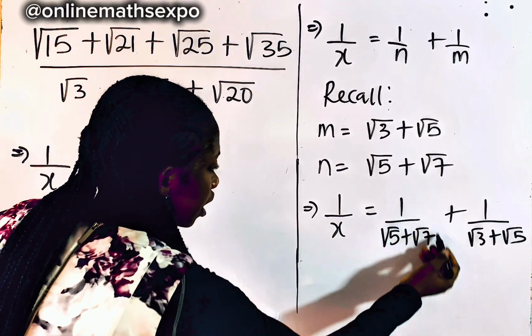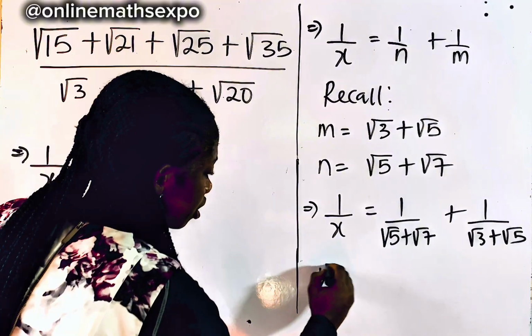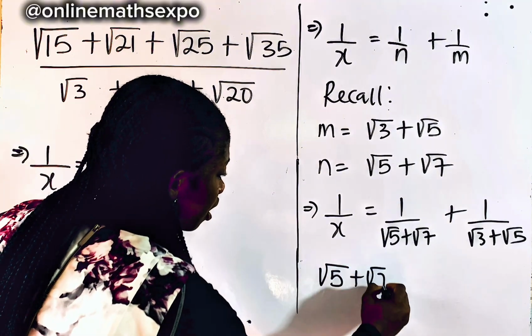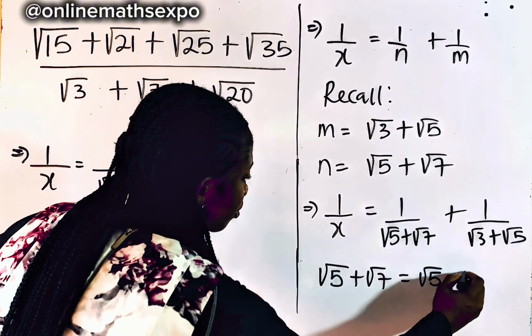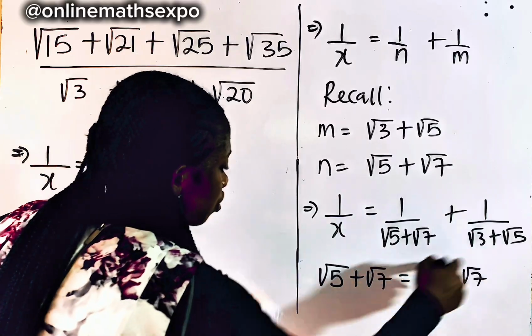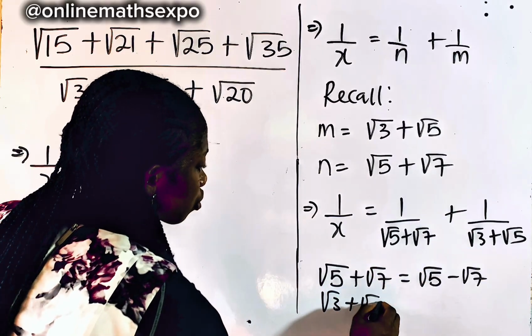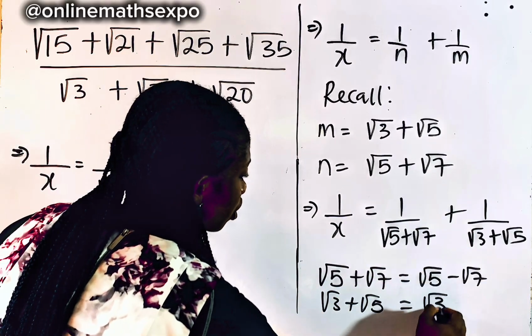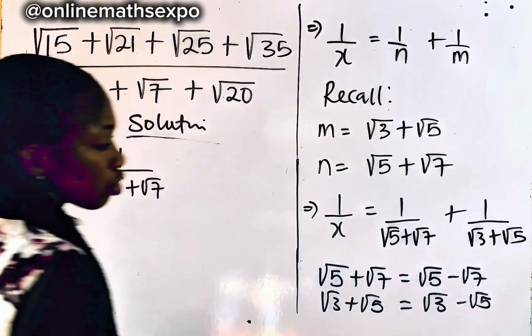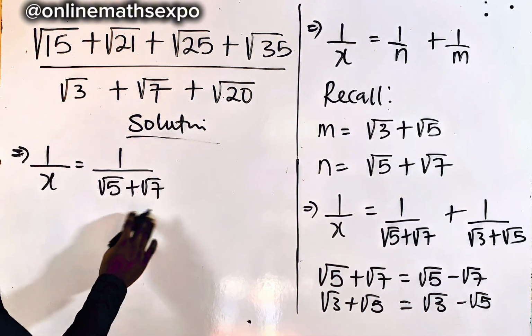So let's conjugate this. The conjugate is just to change the sign. So if you have this, its conjugate will be root 5 minus root 7. And when you have root 3 plus root 5, its conjugate will be root 3 minus root 5. So that's what we are going to use to rationalize.